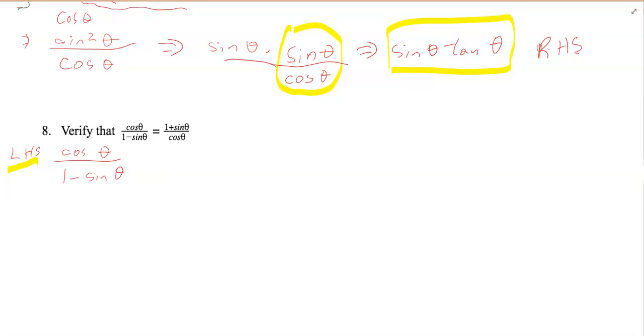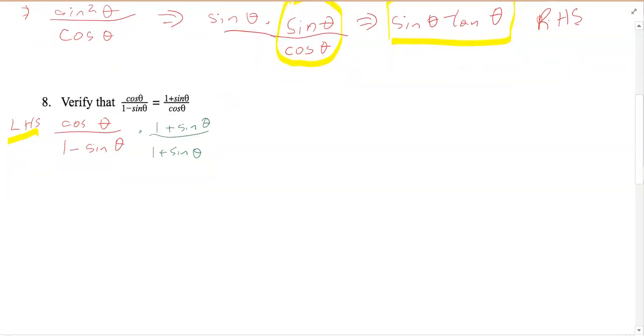So let's multiply by 1 plus sine theta over 1 plus sine theta. And let's see what we end up with.